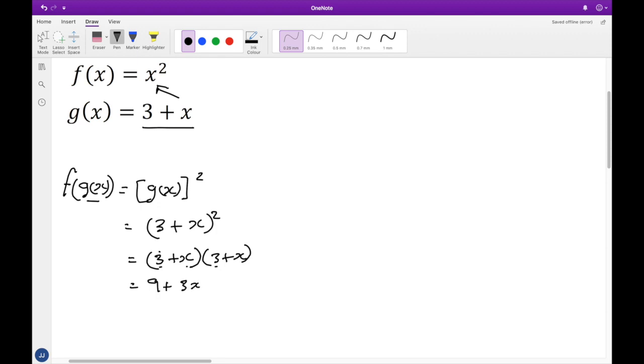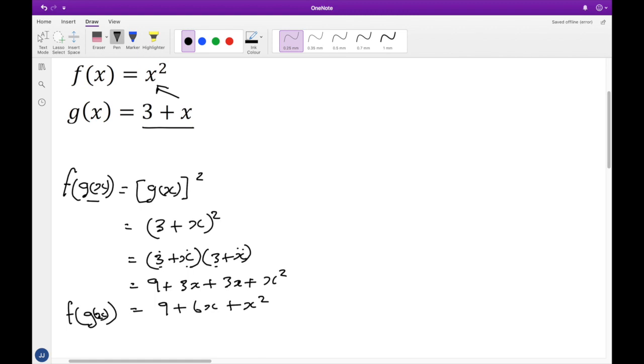And then 3 times x is plus 3x. And then x times x is plus x squared. So we have 9 plus 6x plus x squared. And this is the f of g of x.